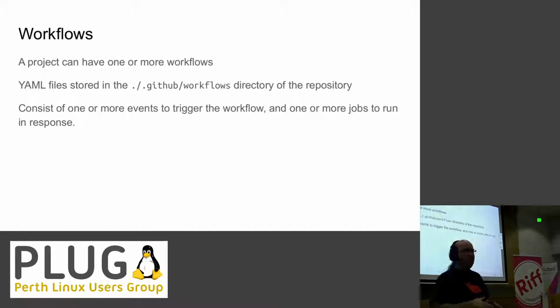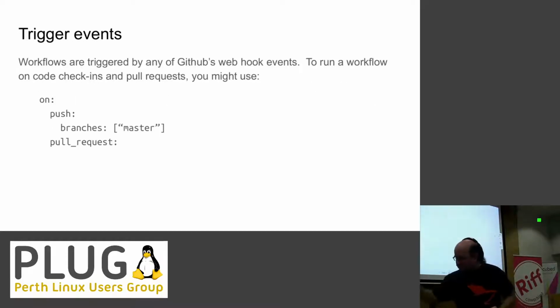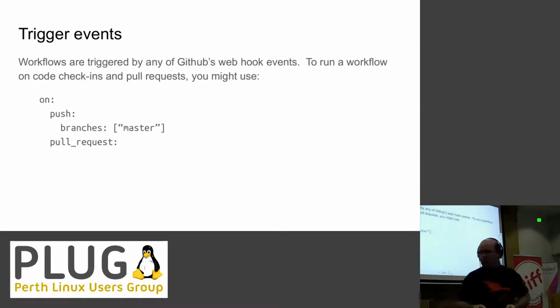Each of the workflows you create consists of one or more triggers, events which your jobs will wait for, and then one or more jobs which will run in response to it. The workflow syntax is a simple YAML format.